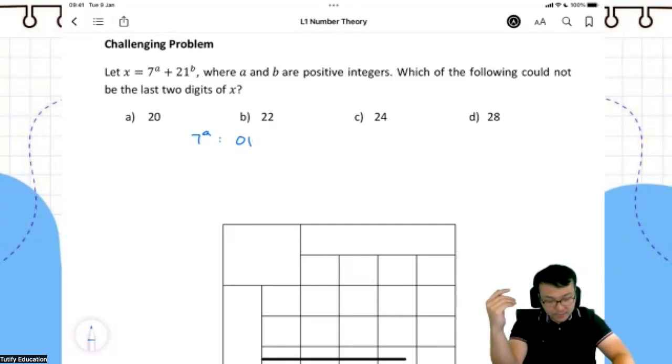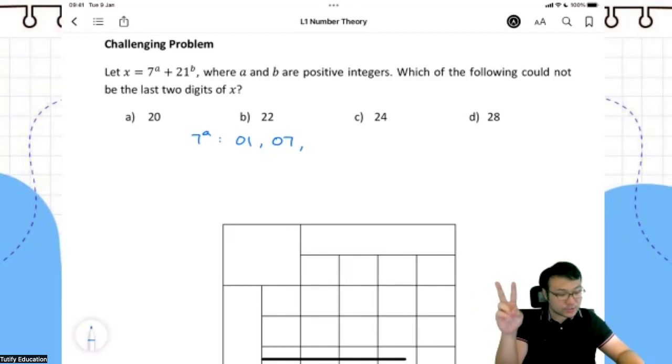If A equals 1, then the answer is just 7, so the last 2 digits are 0, 7. Usually we don't write 0, but I'm adding a 0 because we are assuming that this number has last 2 digits, so it might be a 3-digit number. The last 2 digits can be 0, 1, or 0, 7.